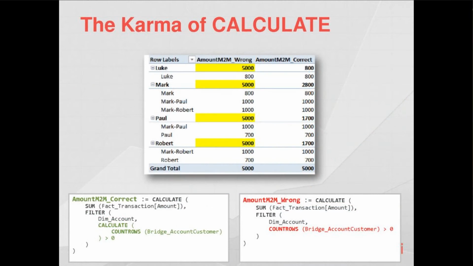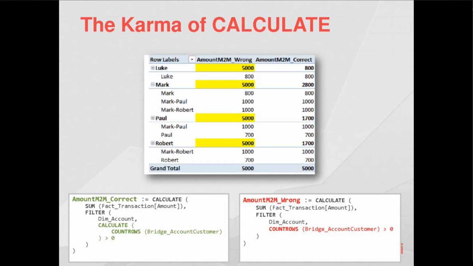And this explains why the amount many-to-many wrong returns always the grand total for all the rows, and the amount many-to-many correct returns the correct value. Because this does not do any kind of filtering at the customer level, while this does the correct filtering at the customer level.